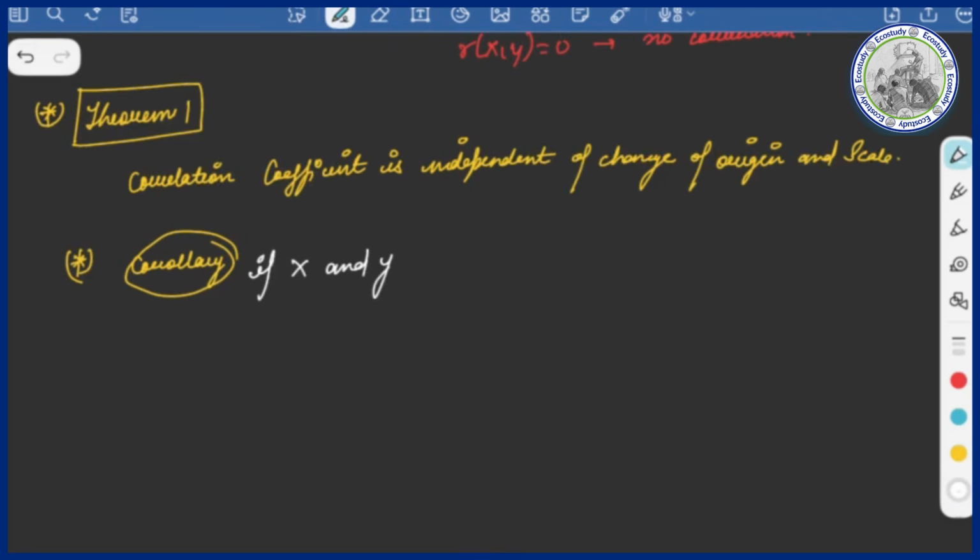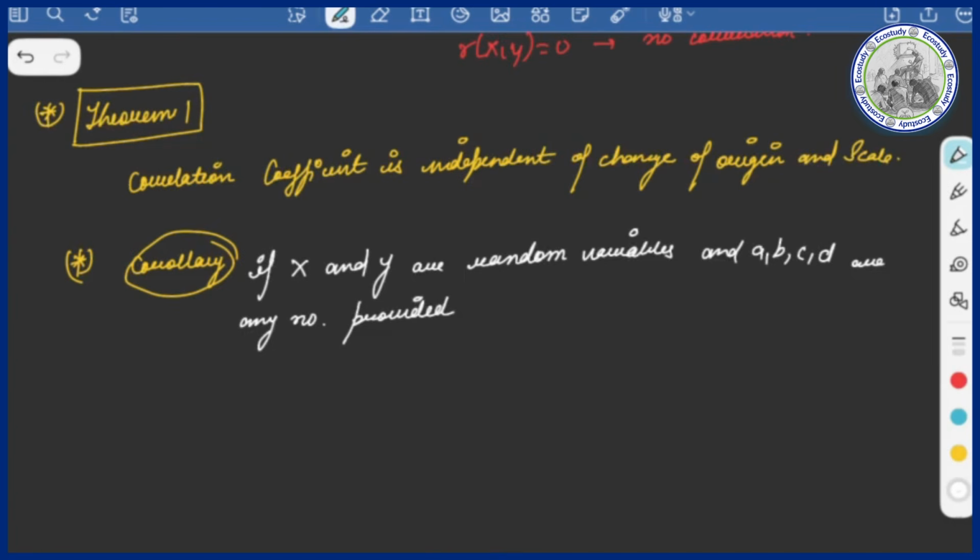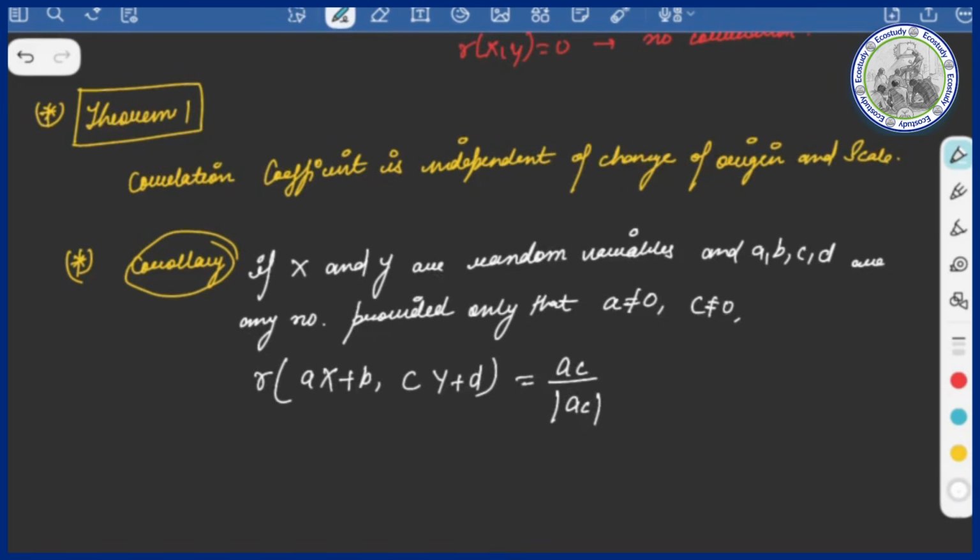If x and y are random variables and a, b, c, d are any numbers, provided that a is not equal to 0 and c is not equal to 0, then the correlation of ax plus b, cy plus d will be equal to ac divided by modulo of ac times r xy.